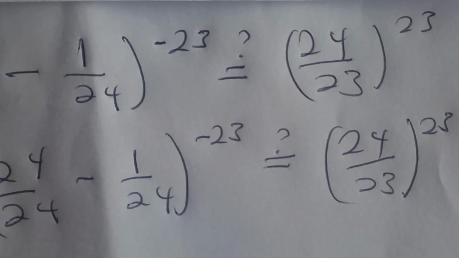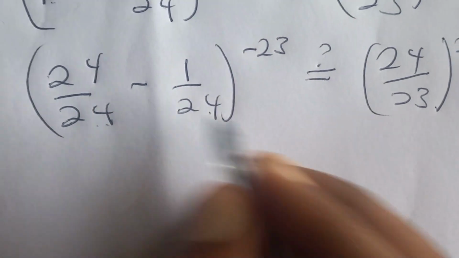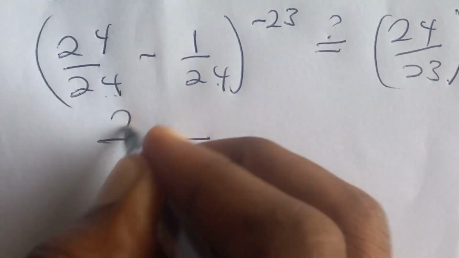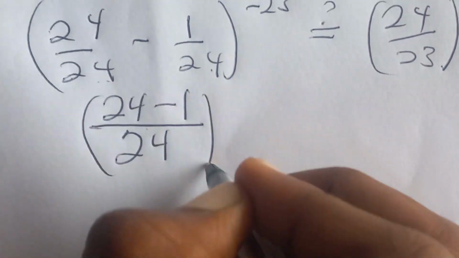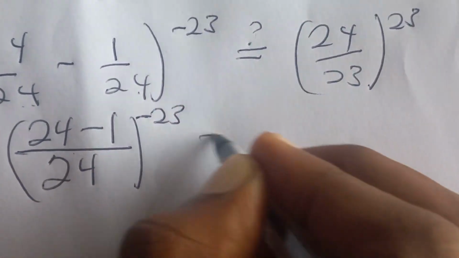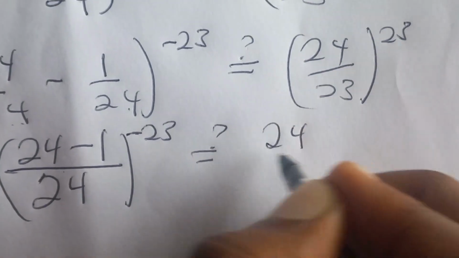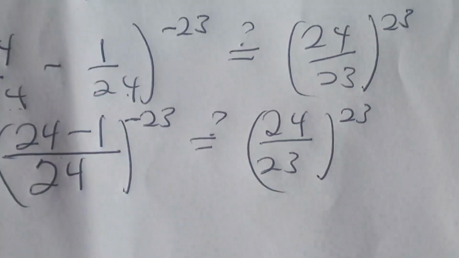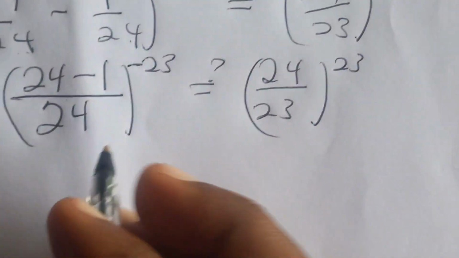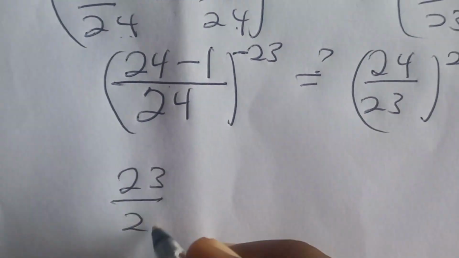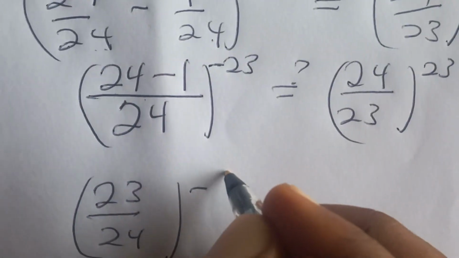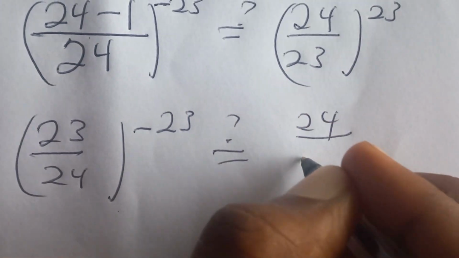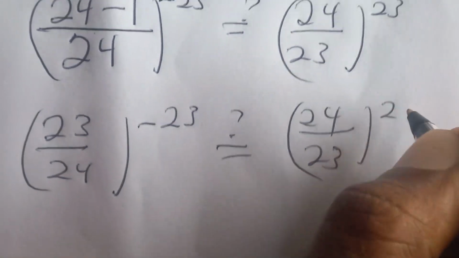Now, we are having the same denominator, so we say that (24 minus 1) over 24, all exponent negative 23, is equal to (24/23) exponent 23. So from here, 24 minus 1, we get (23/24) exponent negative 23. And is this equal to (24/23) exponent 23?